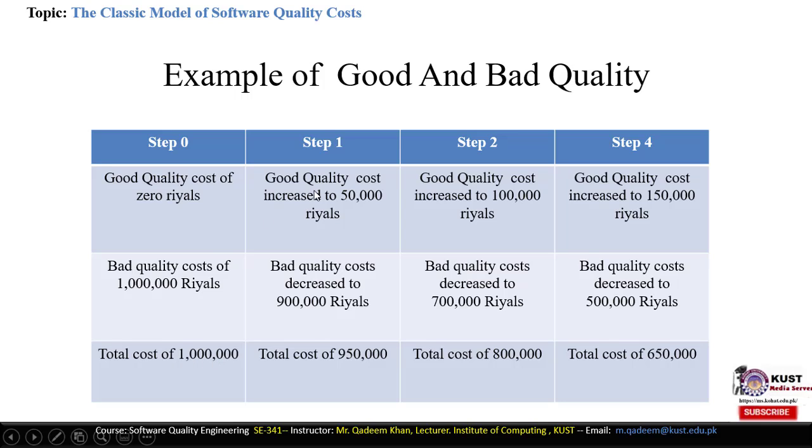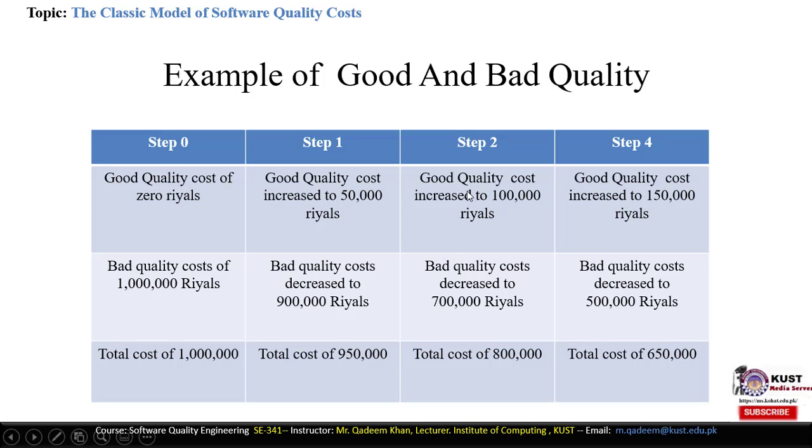Now in the second step, if the good quality cost increases to 50,000 reals, the bad quality cost decreases to 900,000 reals. That is a significant decrease. So the total cost will be 950,000 reals, which is way less than 1 million reals.